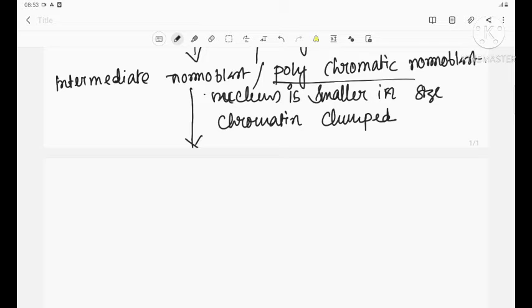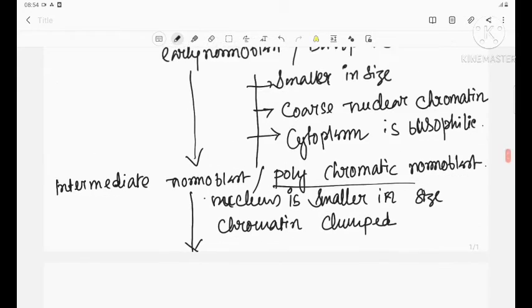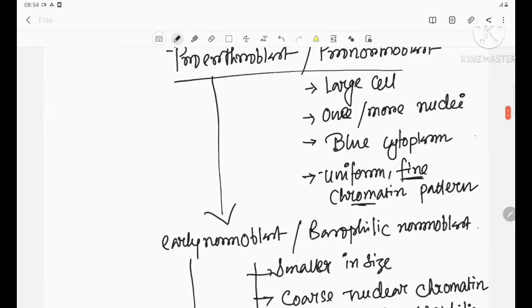Okay, I am explaining this. Basophilic means base staining for ribosomal RNA, for nucleic acid, and for hemoglobin there is acidophilic staining. For more hemoglobin there is pink stain, and for more RNA, in the early phase, there is blue cytoplasm.